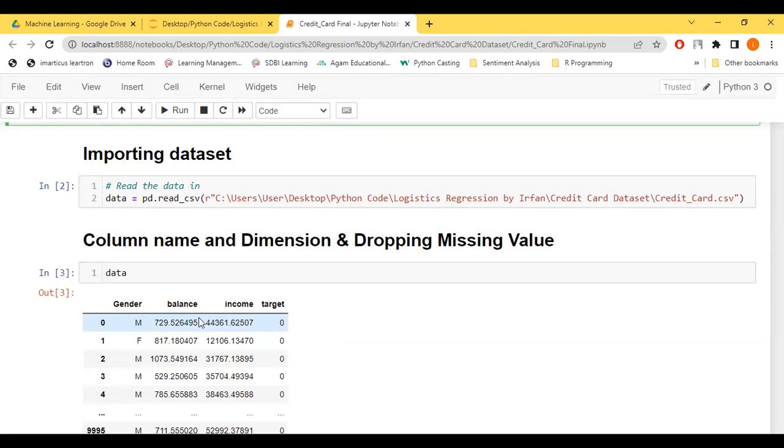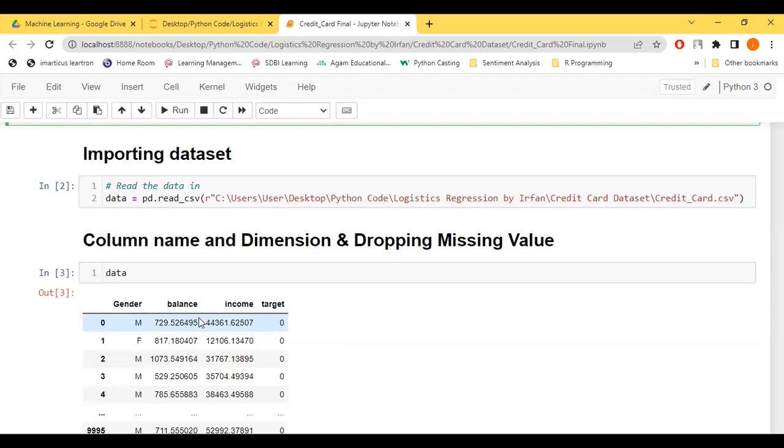Let's say people have taken loan. Credit card is one type of loan only, guys. You get the card, you swipe the card. If your limit of the card is 1 lakh rupees and you have swiped 88,000, how much is remaining? 12,000. So you use the card, you get due and you pay your money.